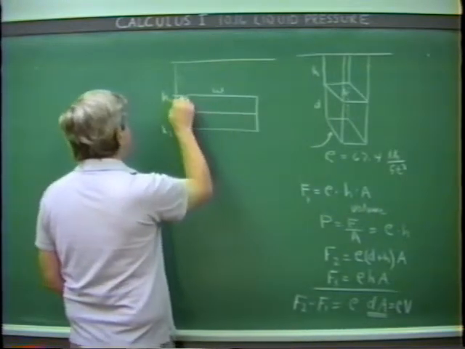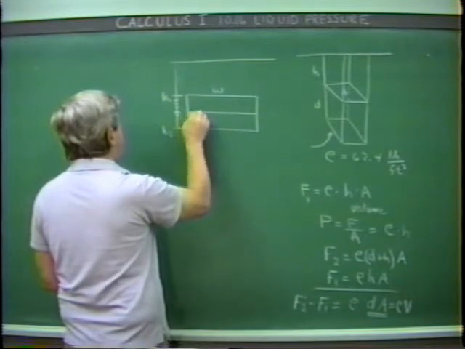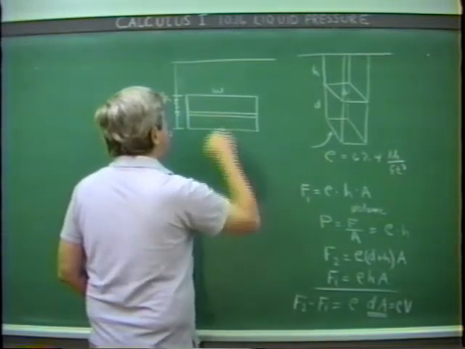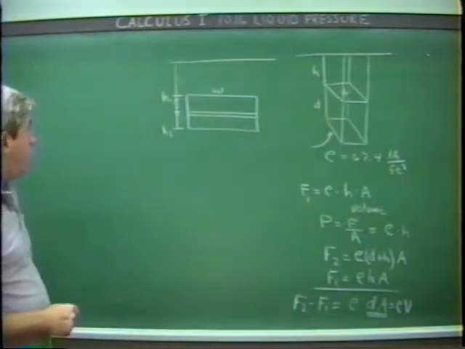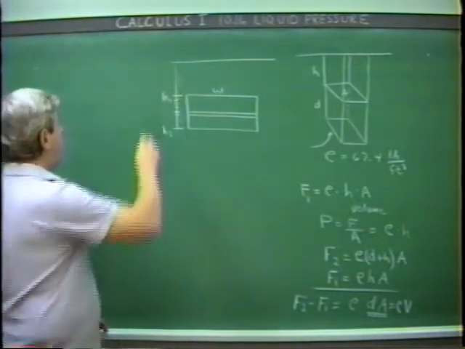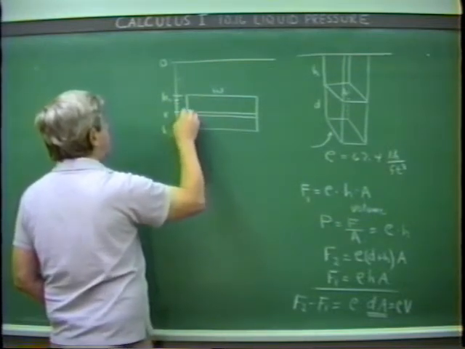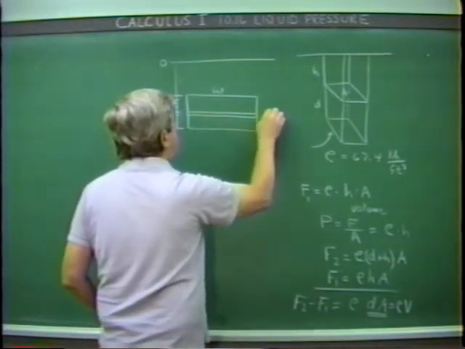Well, consequently, at different depths, there's going to be different pressure on this. If we partition the interval between h1 and h2 and look at an element of the partition, then everything along this little rectangular element is going to be approximately at the same depth.